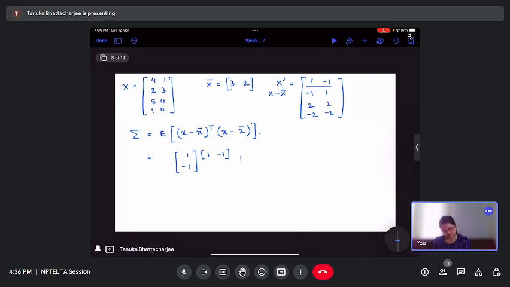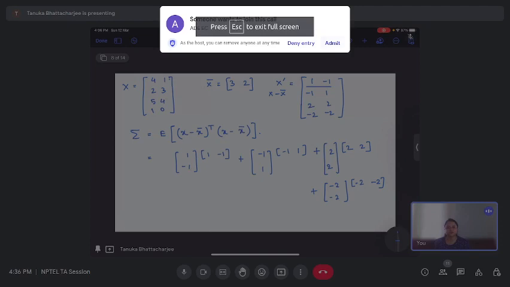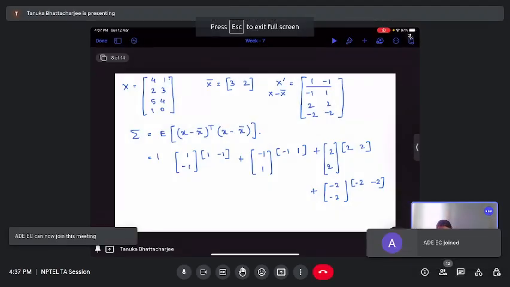Now plus from the next sample you will get minus 1 1 times minus 1 1, plus 2 2 times 2 2, plus minus 2 minus 2 times minus 2 minus 2, and you have to take the expectation of this. When you have a finite number of examples, this simply reduces to the population mean, so you just take 1 by 4 of this.